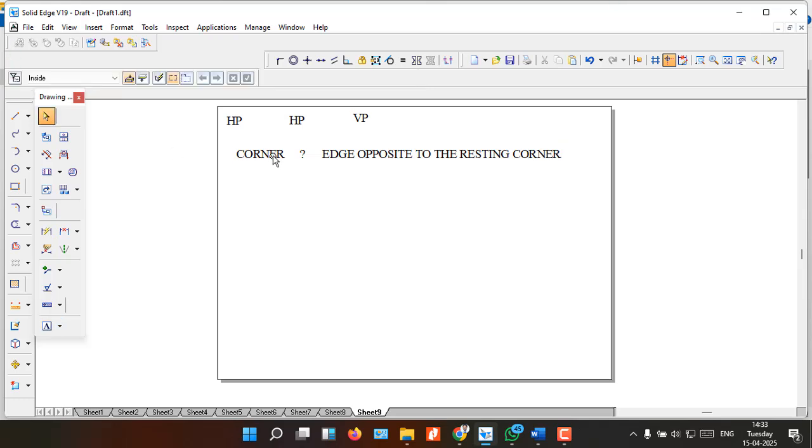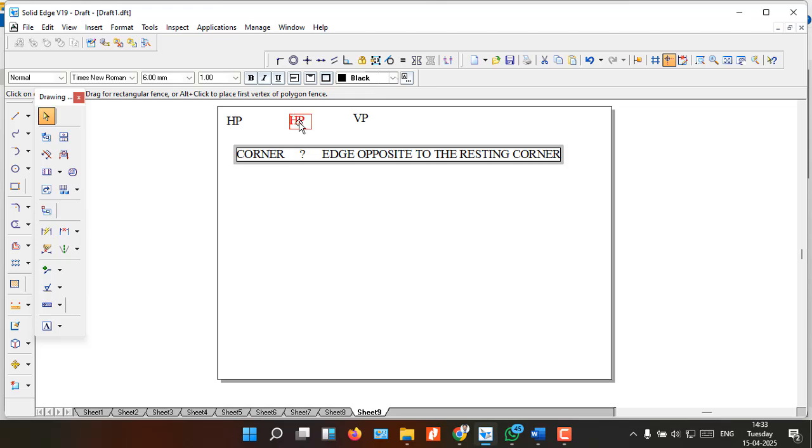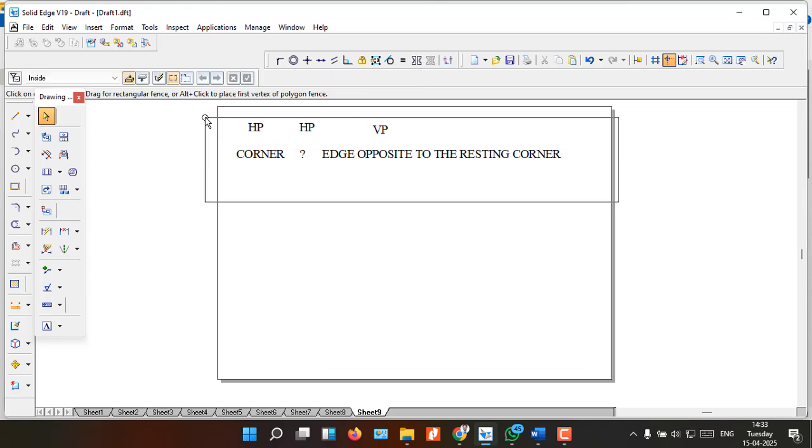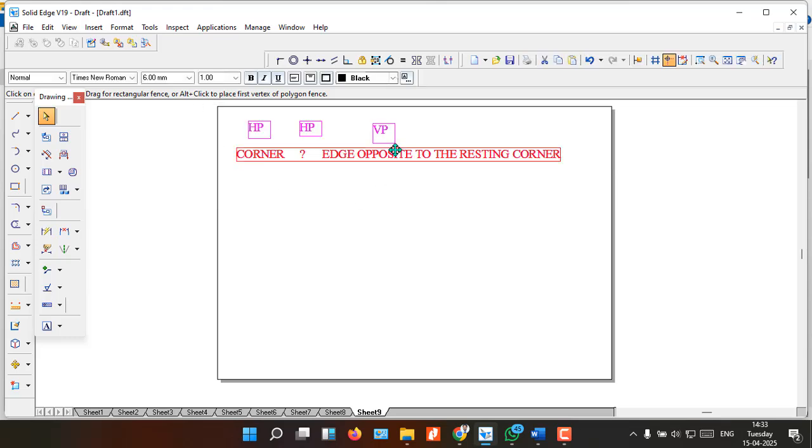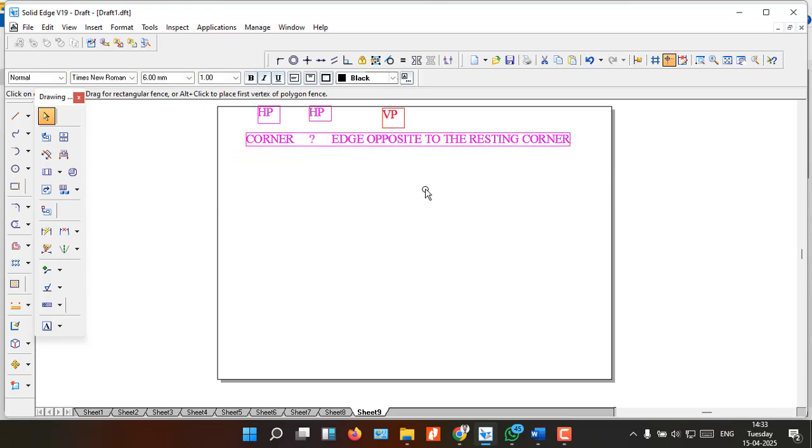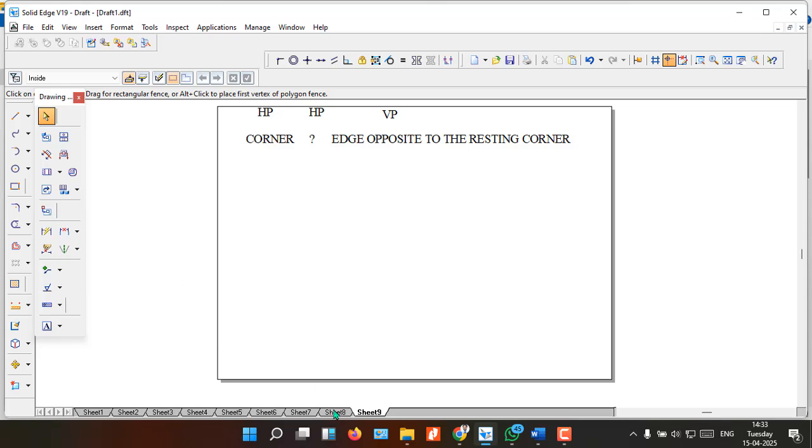So these are the things we are going to find here: resting on the corner, no inclination with respect to the HP, which we need to find, and the edge opposite to that corner is inclined to the VP. Such a problem, how to go about it, we'll see now.